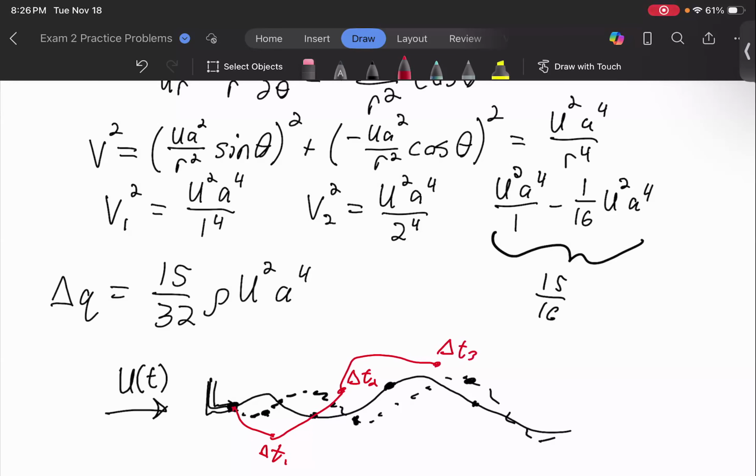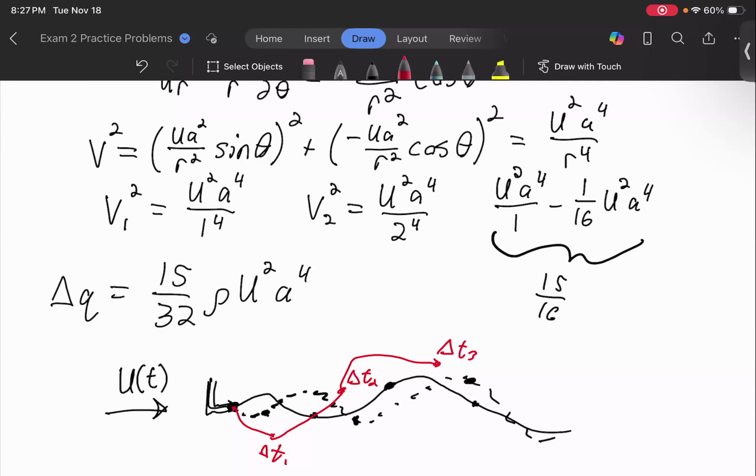Really, it should be T1, T2, T3. But the rest of the path line's not moving, right? Once I get to T3, T2 and T1 are still the same spot. That's where that particle that I'm following went through. That's where it was at those different times. So we're taking kind of a snapshot of multiple different times.